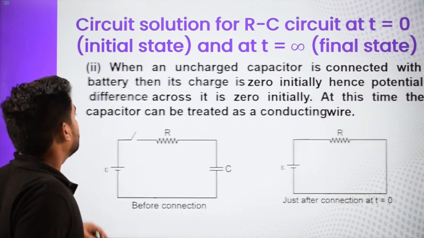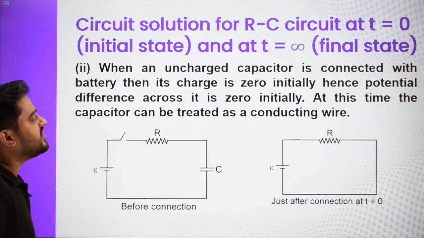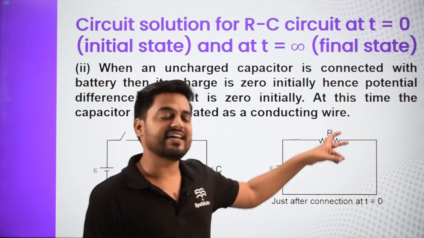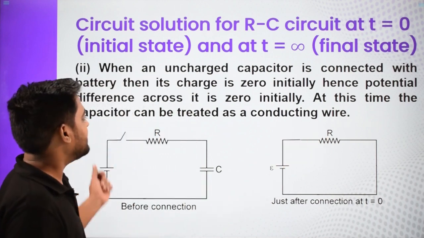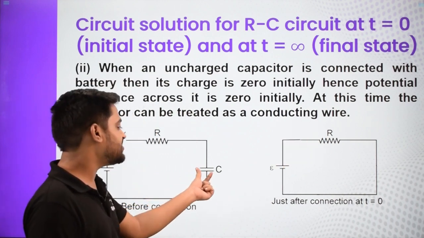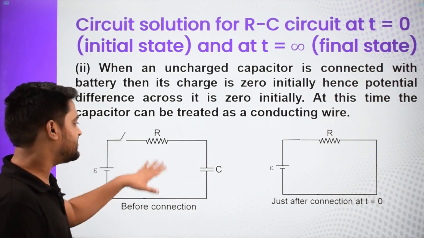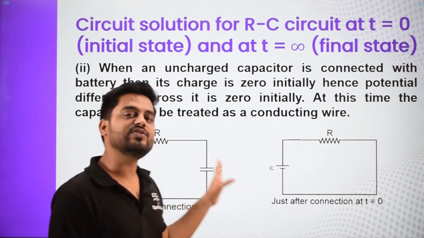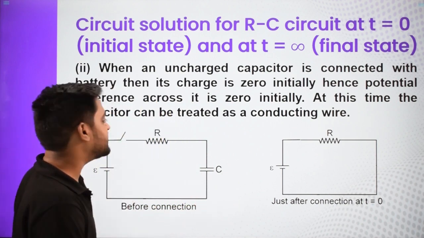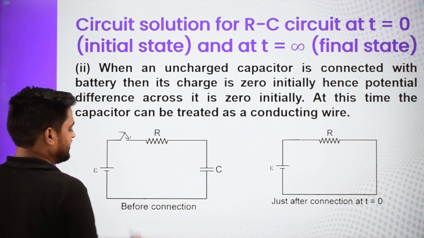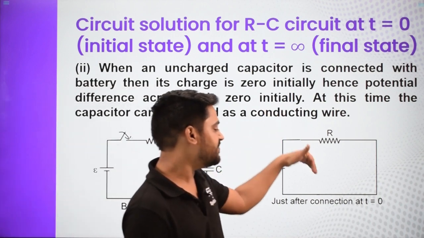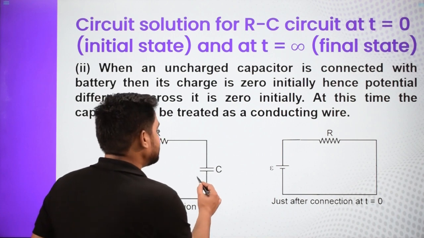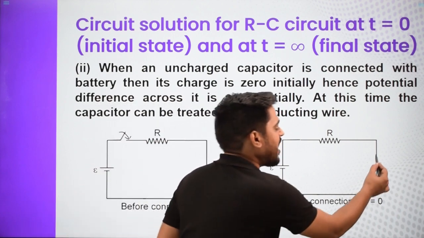Now, this is the second situation, when an uncharged capacitor is connected with a battery like this. So this is an uncharged capacitor, this is a battery, and there is a resistance. As soon as we make the connection, this capacitor behaves like a wire.